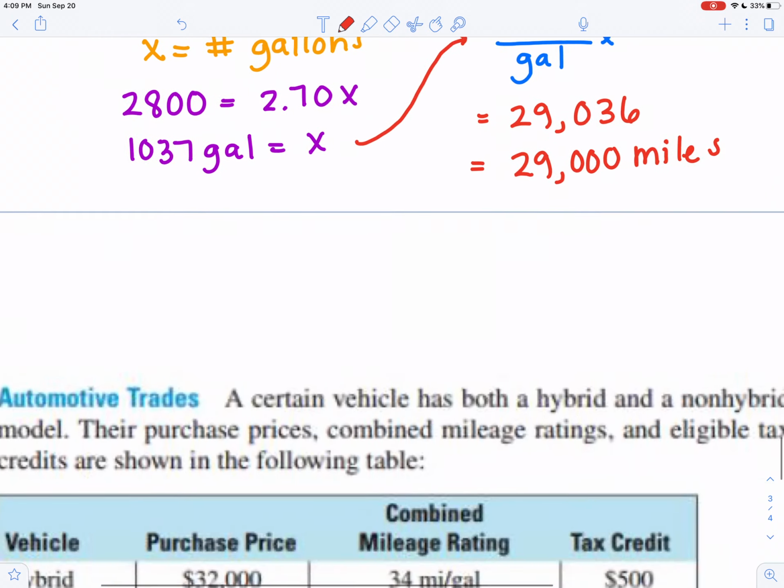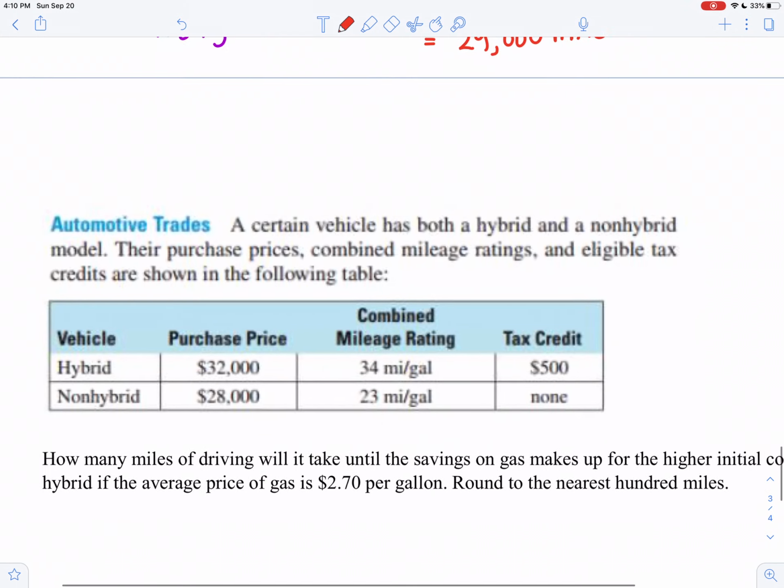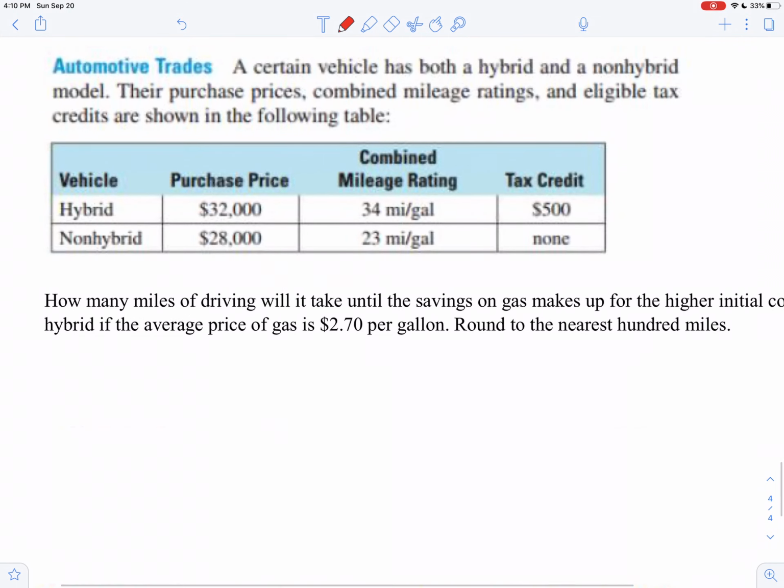All right, now let's look at another example while we're here that deals with gas mileage and pricing of vehicles and comparing. And let's look at how we would approach this one as well. We're given information about purchasing a hybrid versus a non-hybrid vehicle, information about gas mileage, and information about a tax credit.